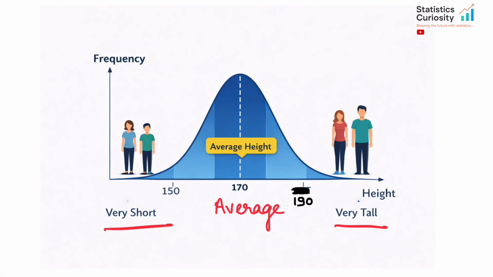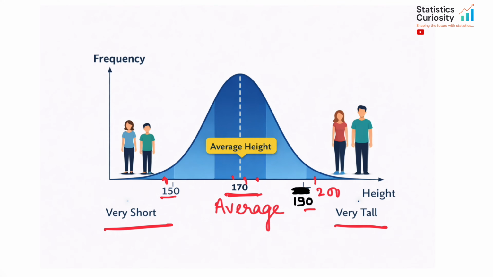Okay, for example, suppose the average height is around 170 centimeters, and many individuals will have heights around 165 centimeters, 172 centimeters, 175 centimeters, and so on. However, only a small number of people will have heights like 140 centimeters, 150 centimeters, or 190 centimeters, 200 centimeters, and so on.